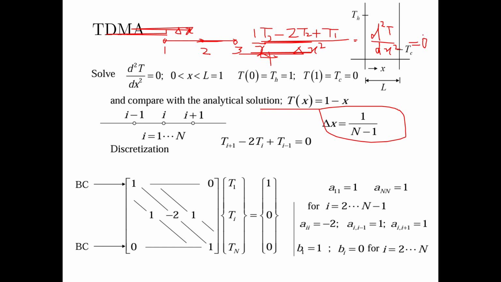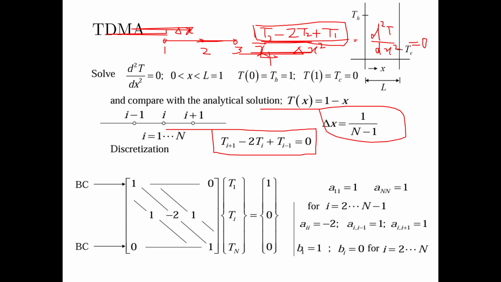But since we have a 0 over here, all of this goes away, and we only get T3 minus 2T2 plus T1, which is equal to 0. We can generalize it to get an equation: T(i+1) minus 2T(i) plus T(i-1) is equal to 0.